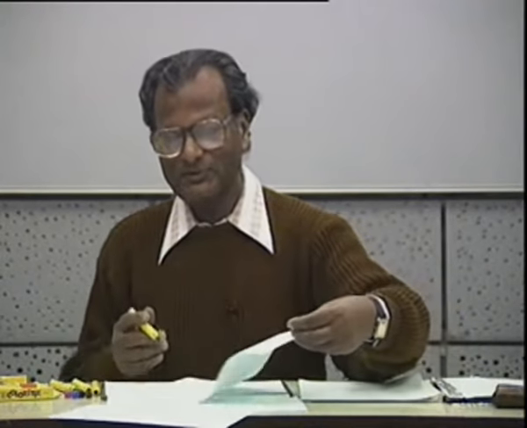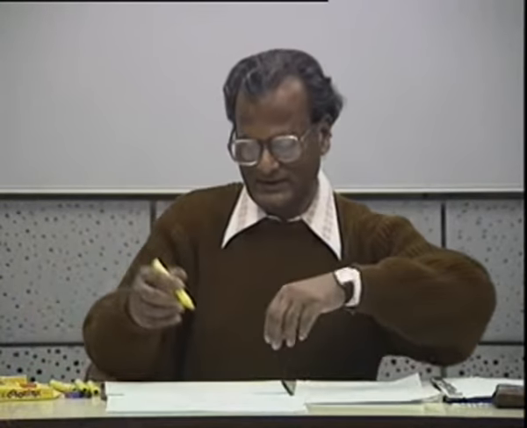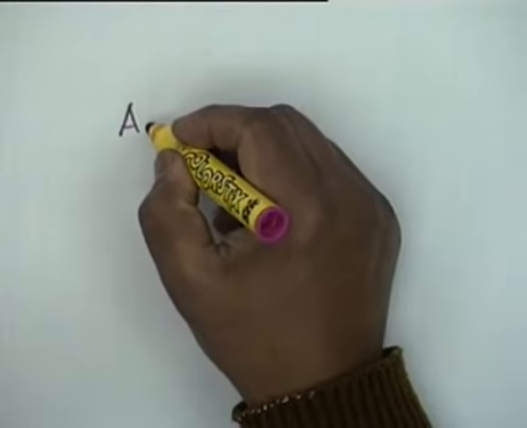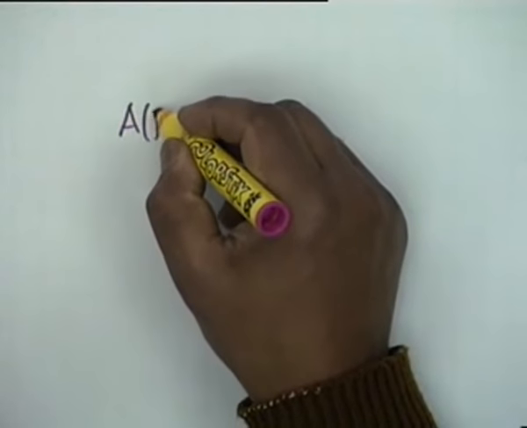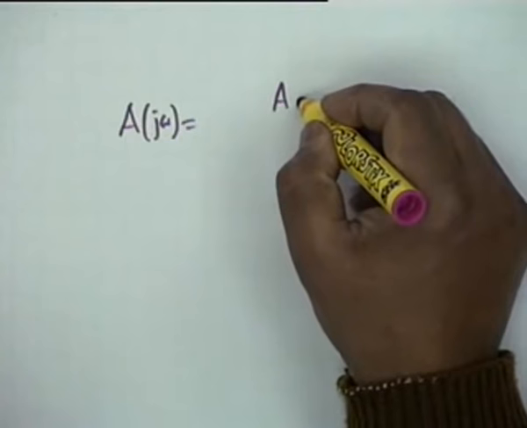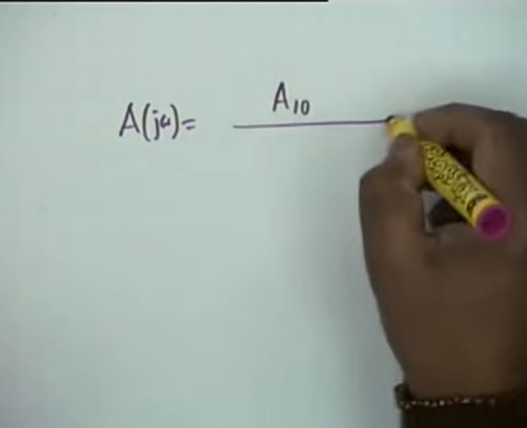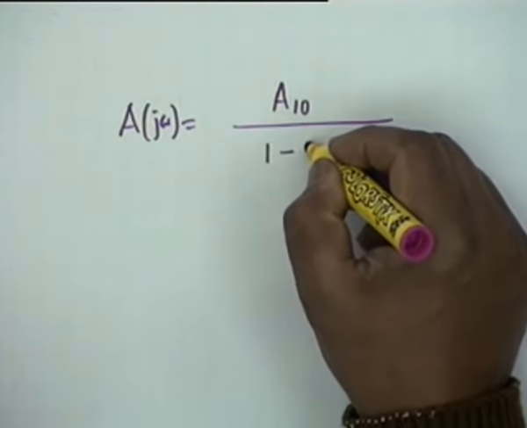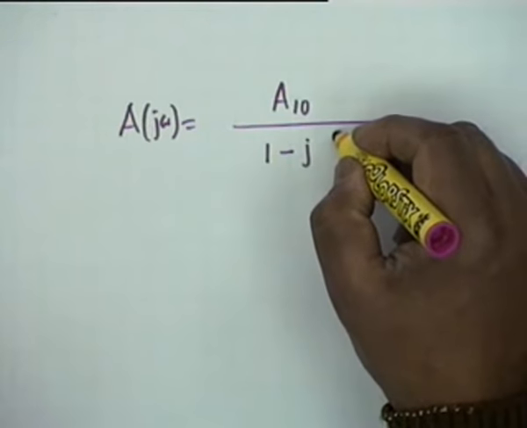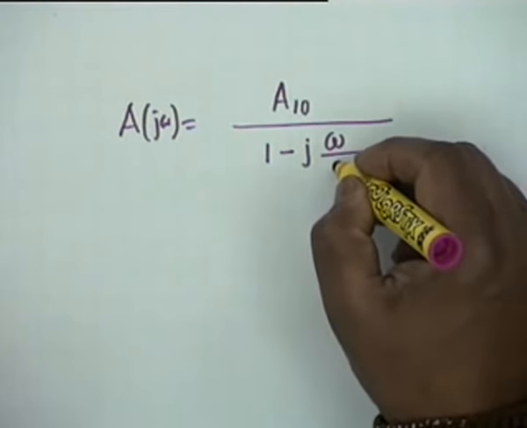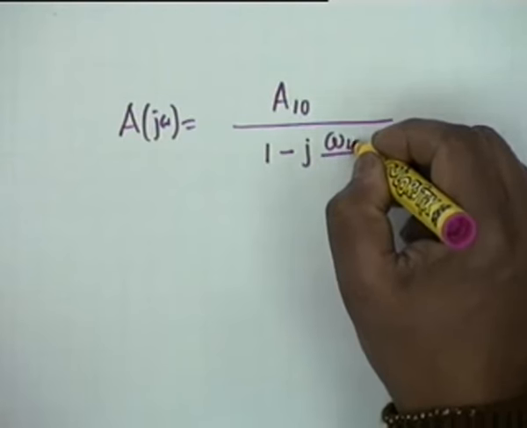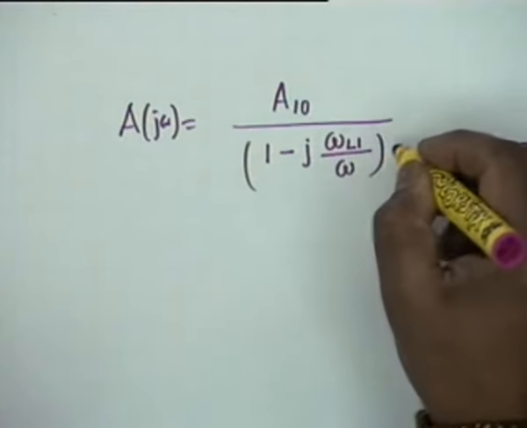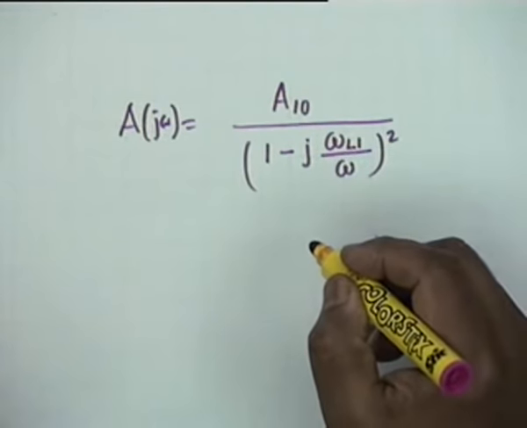Similarly, suppose we consider the low frequency gain. Under the low frequency condition, A j omega would be of the form A10 divided by 1 minus j omega L1 by omega, the whole squared. Agree? When two stages are cascaded.